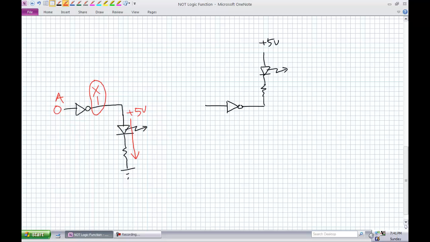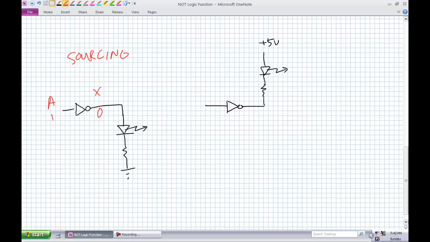It's providing that electrical energy, that plus 5 volts, to get the current to flow. That's sourcing. In a sourcing arrangement using a NOT gate, what logic level on A lights the LED? The answer is 0. What logic level on X lights the LED? 1. Opposite.